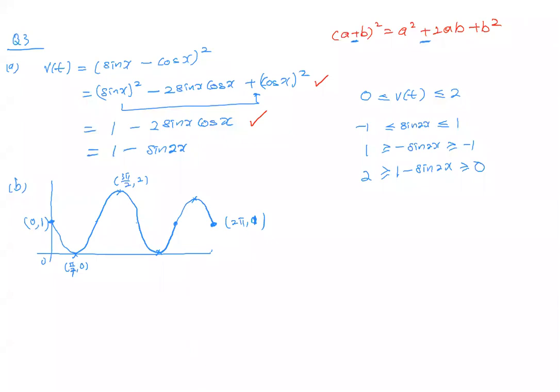Pi by 4, 3 pi by 4. Four pi by 4. Here is 5 pi by 4. Okay, you don't have to know exact. You can use your graphic calculator. Okay, so everyone got that?